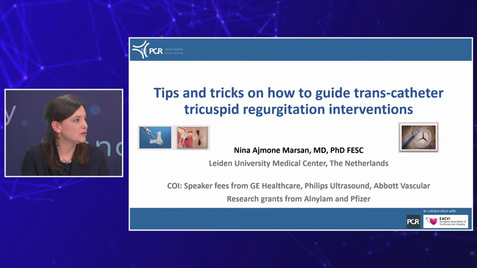Thank you. So indeed, now we move to the details on how to guide these procedures in the cath lab. And I think this is particularly important for the imager, but also for the interventionalist. I will focus mainly on the edge-to-edge repair, but with a very small mention also of the tricuspid valve annuloplasty.